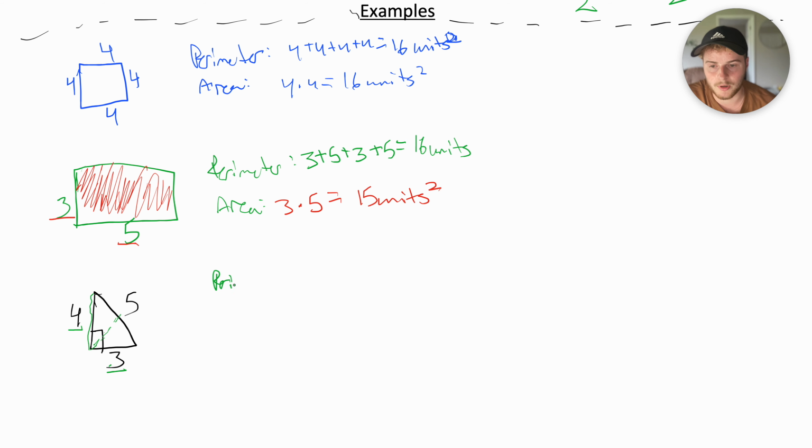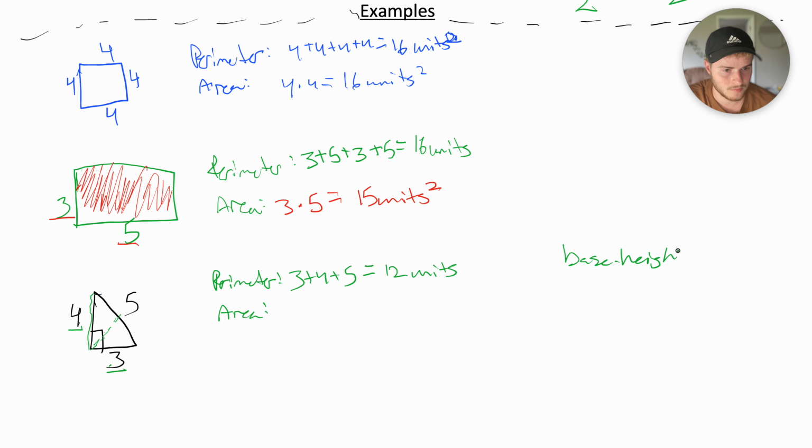We can say that the perimeter is the sum of all 3 sides. So 3 plus 4 plus 5. That's going to be 12 units. Area, rather, we're going to have a slightly different equation from earlier, and I will rewrite that over here. We're going to have base times height, all divided by 2.